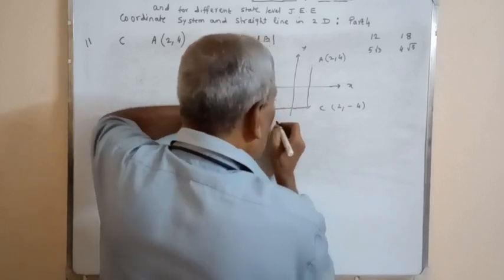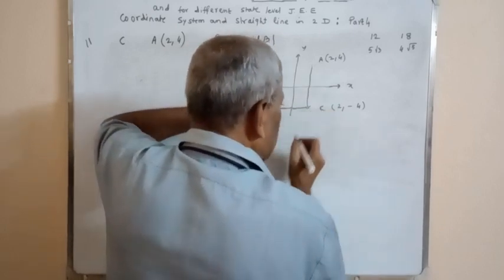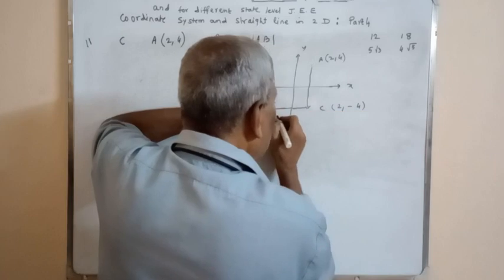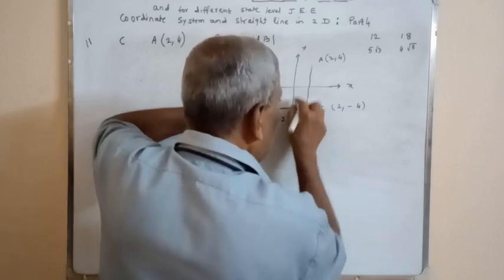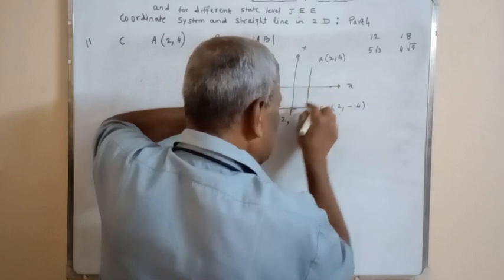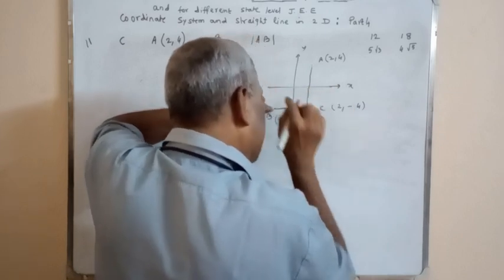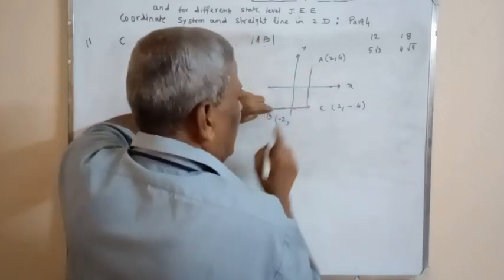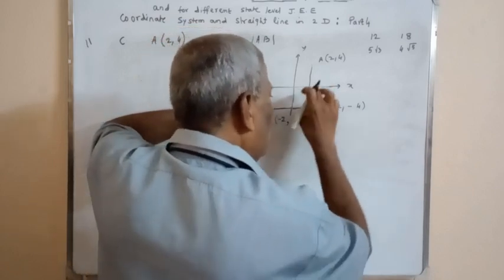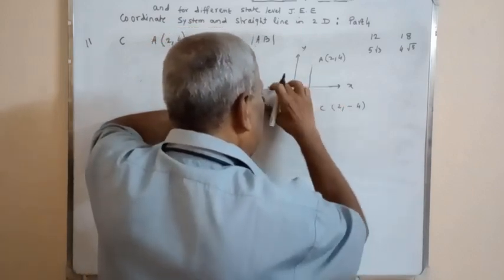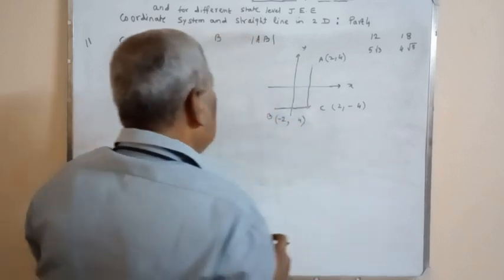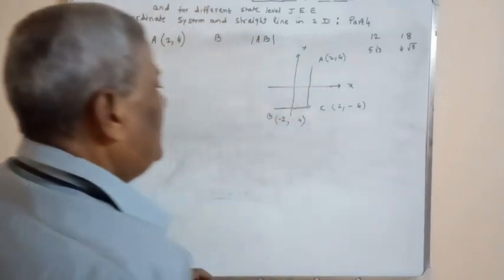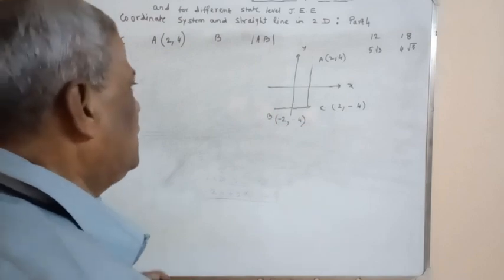Now the x coordinate of C will be equal to -2, because it is 2 on the positive side of x-axis, this is 2 on the negative side of x-axis, so -2, and the y coordinate of C and B remains the same, that is -4. So the coordinate of B is (-2, -4).